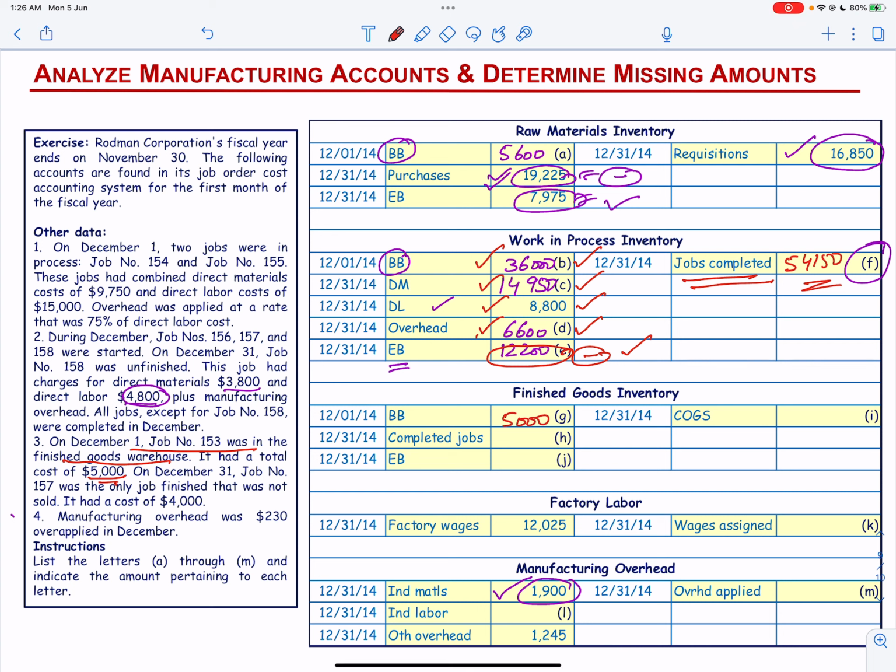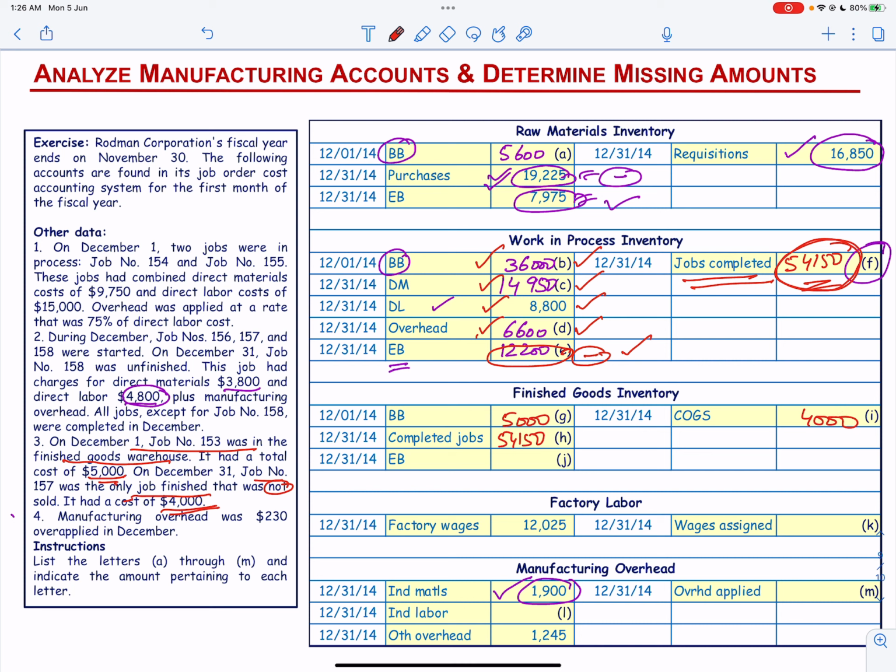Now we have already recorded the completed job, that is 54,150. Then we have to determine the cost of goods sold, and December they have given to us was the only job finished that was not sold. It has a cost of 4,000. So the cost of goods sold is 4,000.